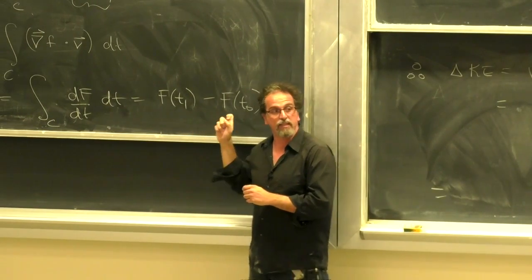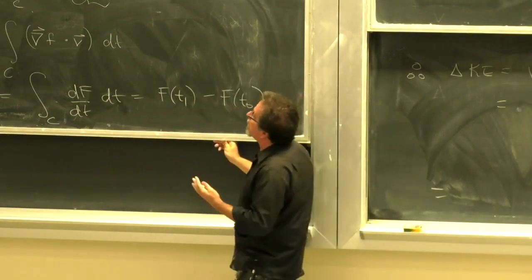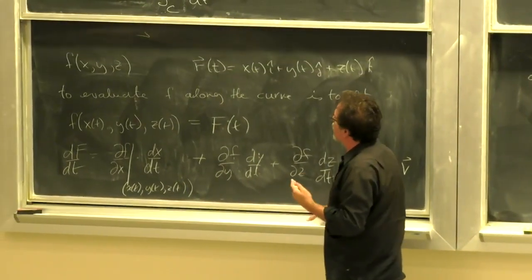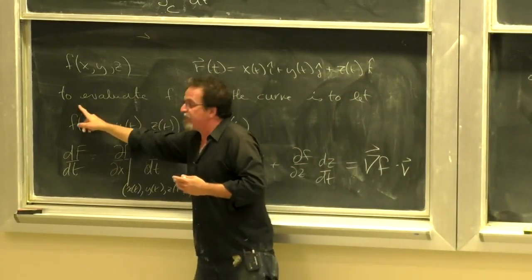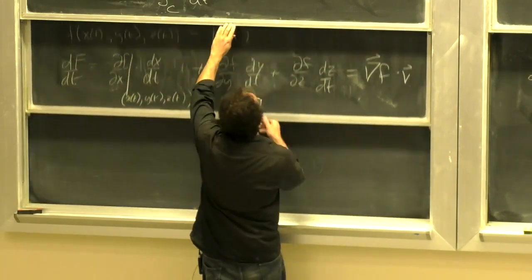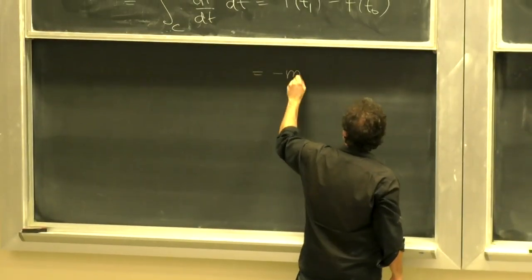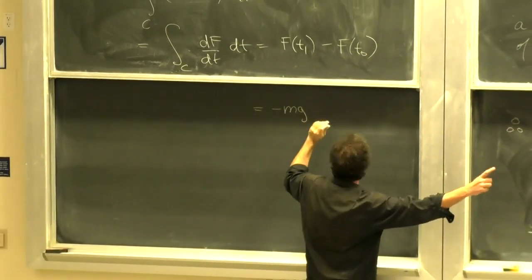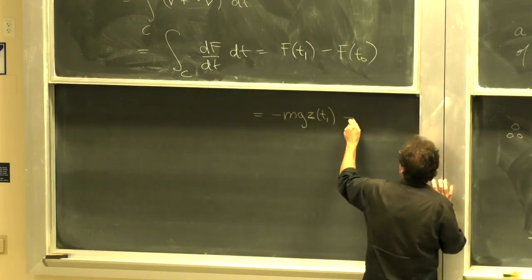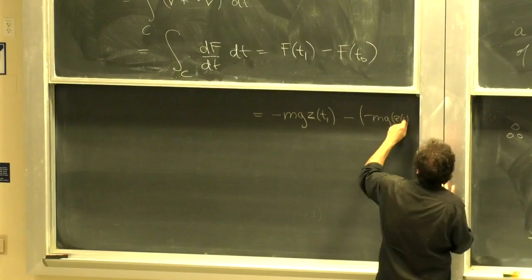And what was this F over there, and what was this F over there? Well, stop. What did I say capital F was? You've got to give me this minute, everybody. Capital F is just little f evaluated along the curve. So this capital F is just little f, which is negative mg z of t1 evaluated along the curve, minus negative mg z of t0.